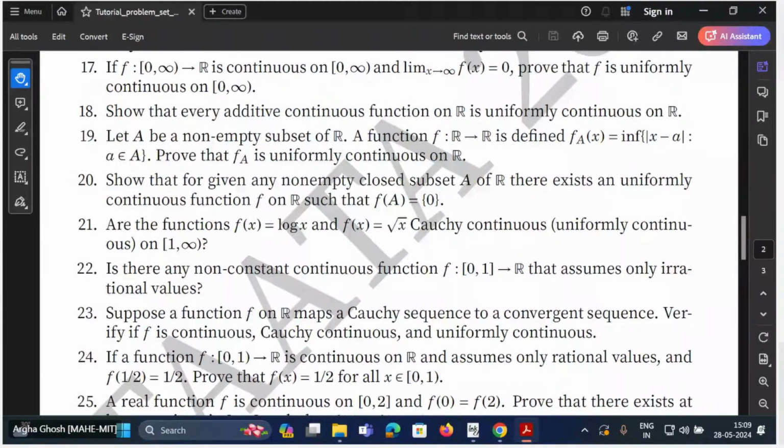We have to prove whether the distance function with respect to A is uniformly continuous or not.